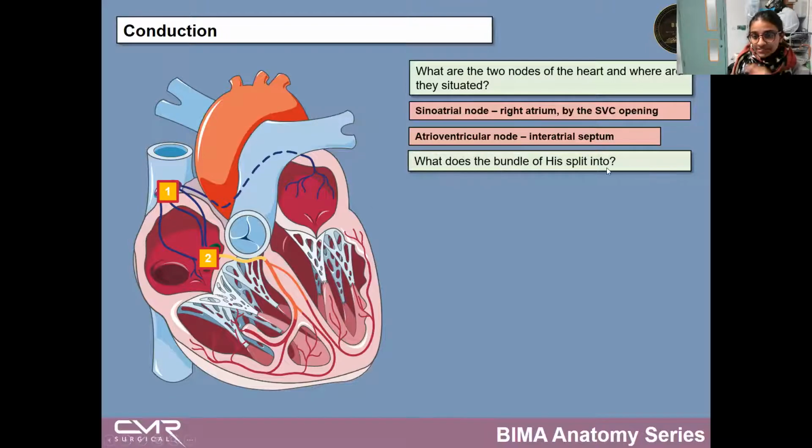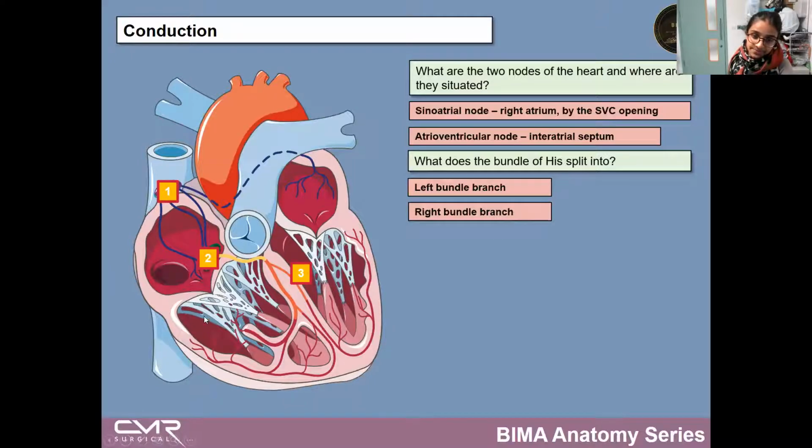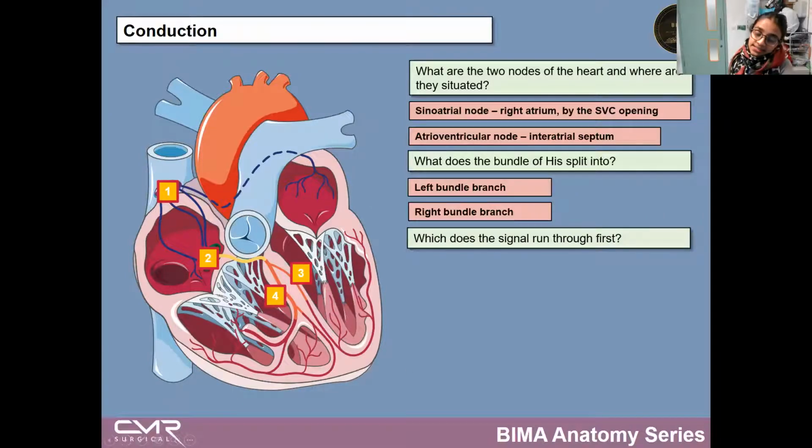What does the bundle of His split into? So the conduction comes from the SA node to the AV node and then passes down into the bundle of His, which splits then into your left bundle branch and your right bundle branch. So 3 is your left and 4 is your right. And I've done it 3 and 4 because actually it's your left side that the signal runs first through.